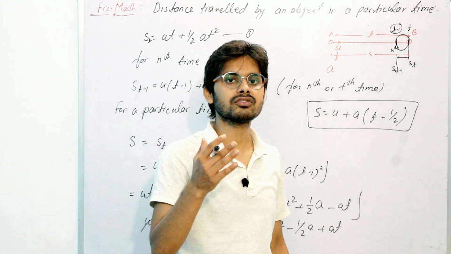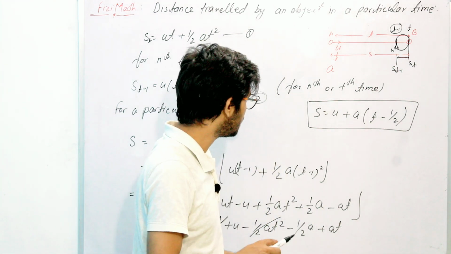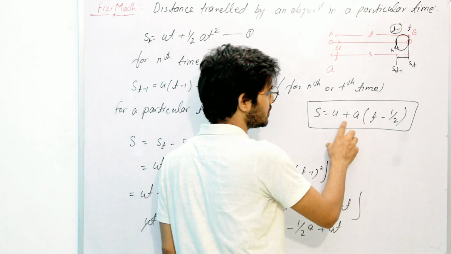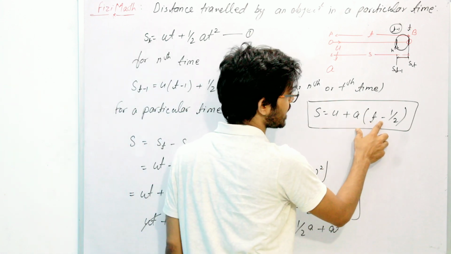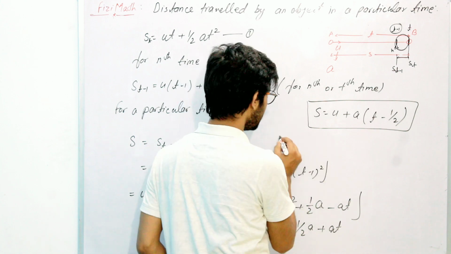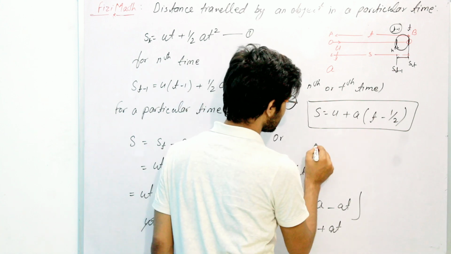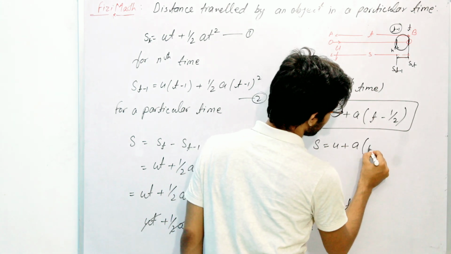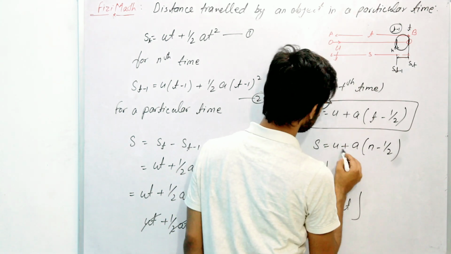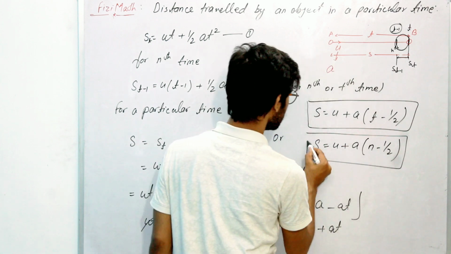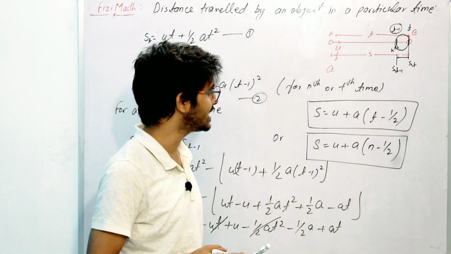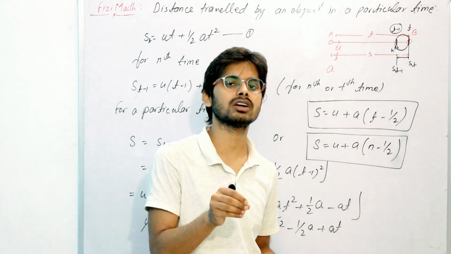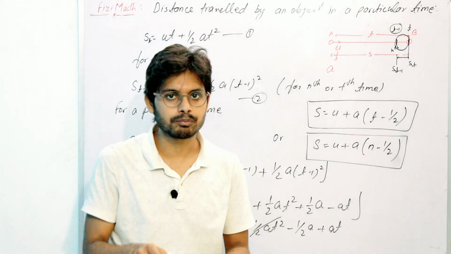So if you have to calculate the value for a particular time, or you can say for nth time, S is equal to u plus a into n minus 1 by 2. Okay, so either you know the tth value or nth value, you can calculate the distance traveled by an object for a particular time.